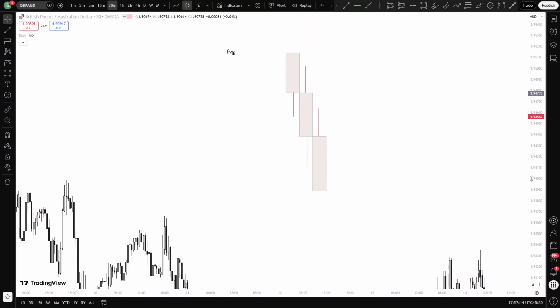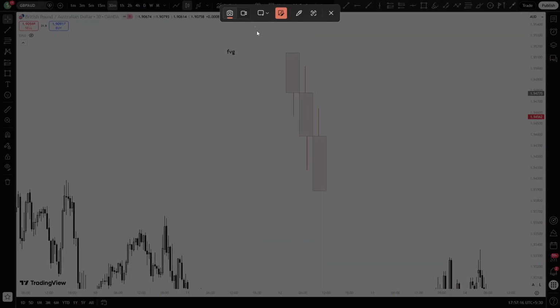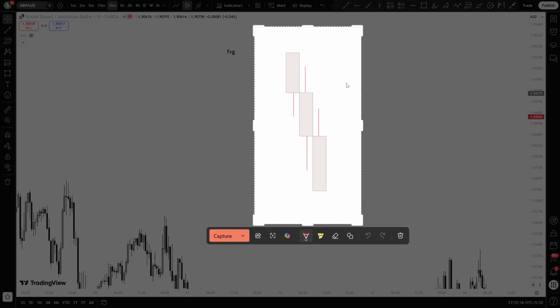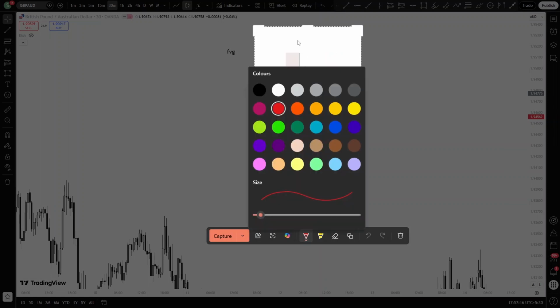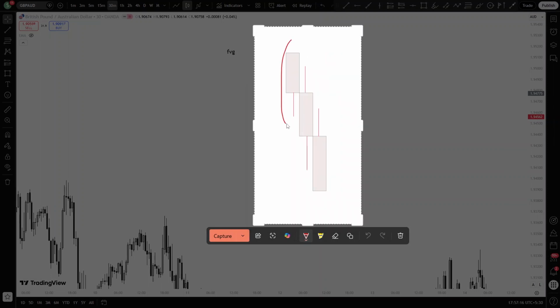So basically, the candlesticks which we are looking at when it comes to this, there are two candlesticks. We are focusing on this candlestick here and this candlestick here.